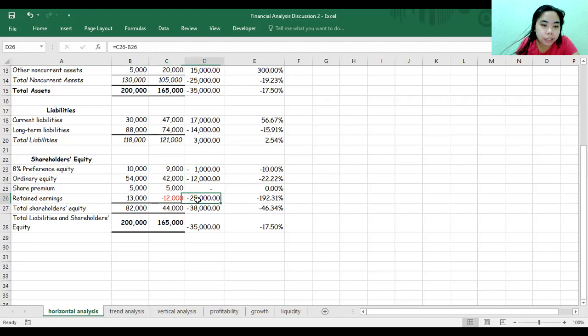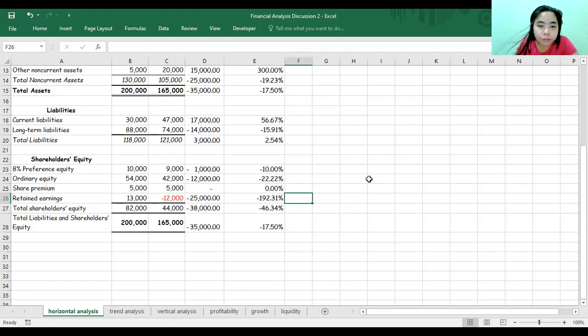For the retained earnings, oh yes, here we see from 13,000 to negative 12,000. This is very important that we have to analyze. Our retained earnings has decreased by 25,000, representing 192.31% of our base year amount of 13,000.